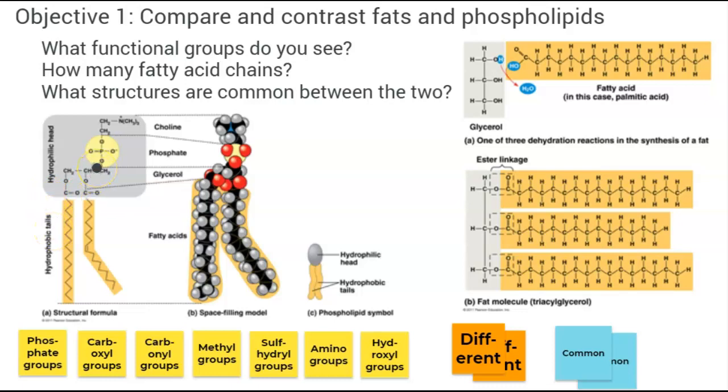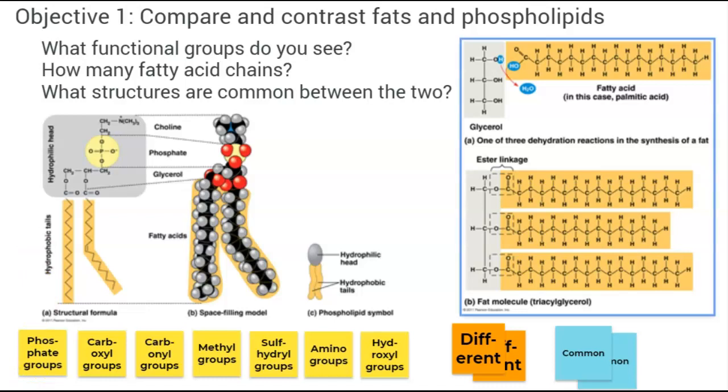Just take this and rotate it on its side to find the similarities and differences with this fat molecule. So really what you're comparing is this and this right here. What structures are common between the two, how many fatty acid chains are there, and what functional groups do you see? So take a pause and address that.